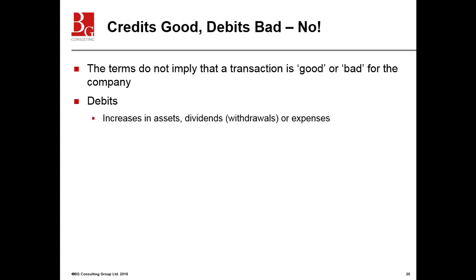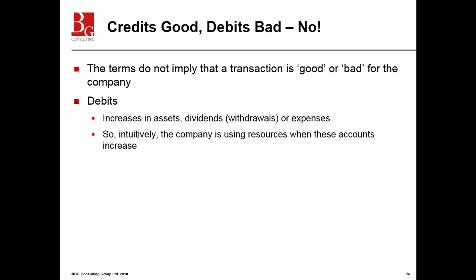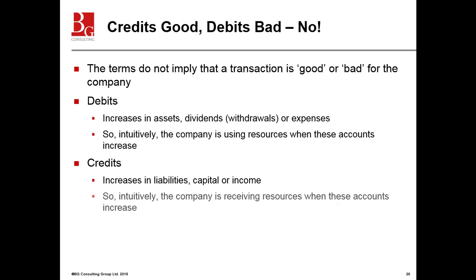Debits describe an increase in assets, dividends or expenses, and so intuitively the company is using resources when these accounts increase. Credits reflect increases in liabilities, capital or income. So intuitively the company is receiving resources when these accounts increase.